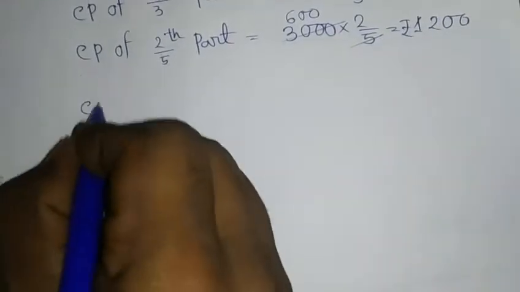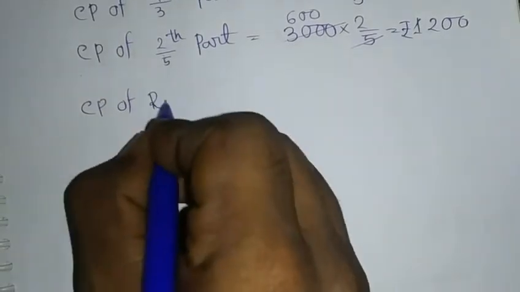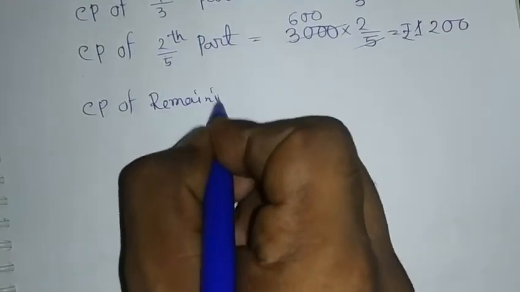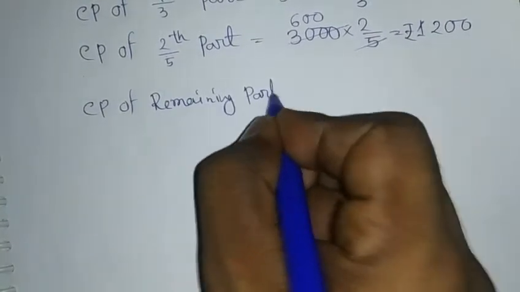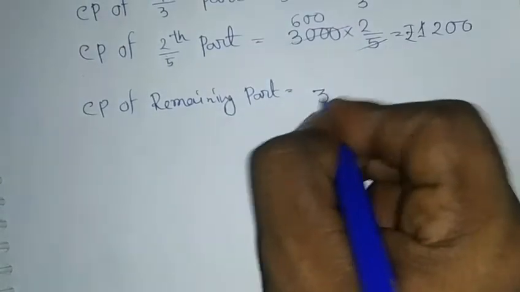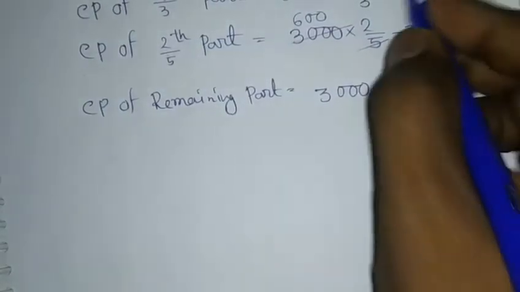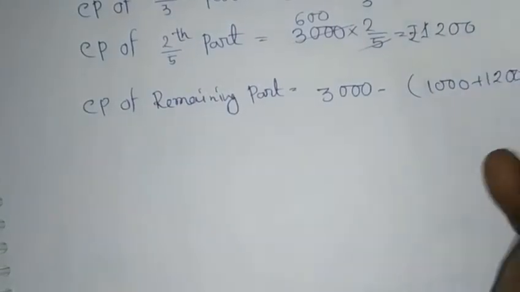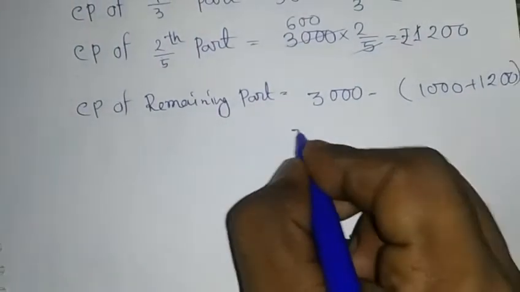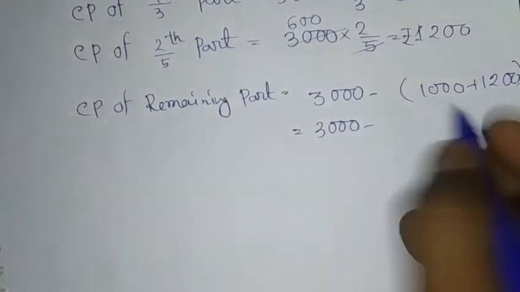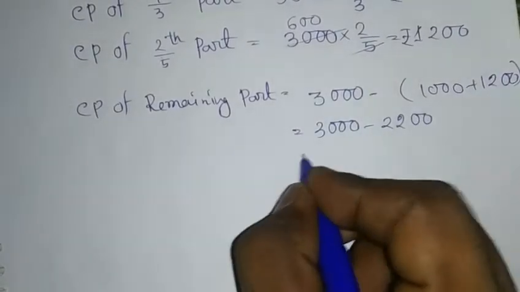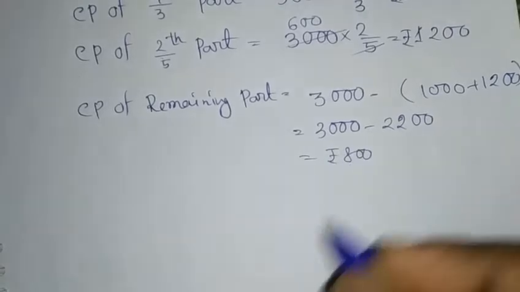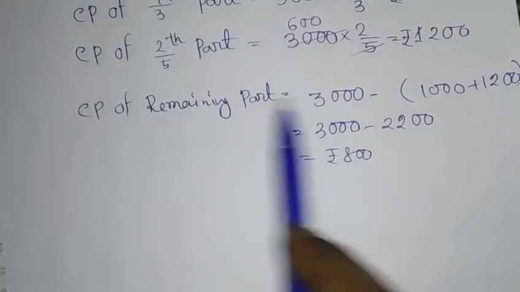Now the cost price of the remaining part will be total 3000 minus these two, 1000 plus 1200, right? So 3000 minus 2200 is equal to rupees 800. So 800 is the remaining cost price.